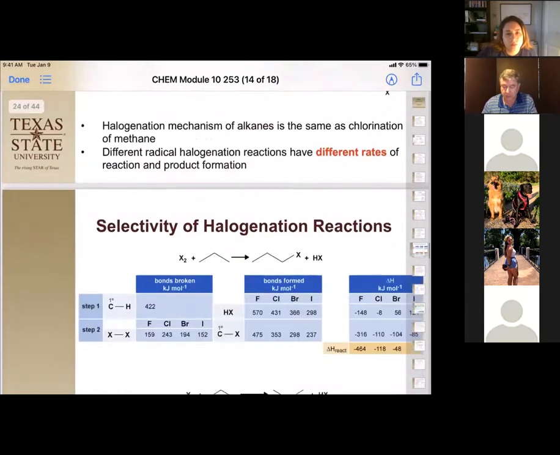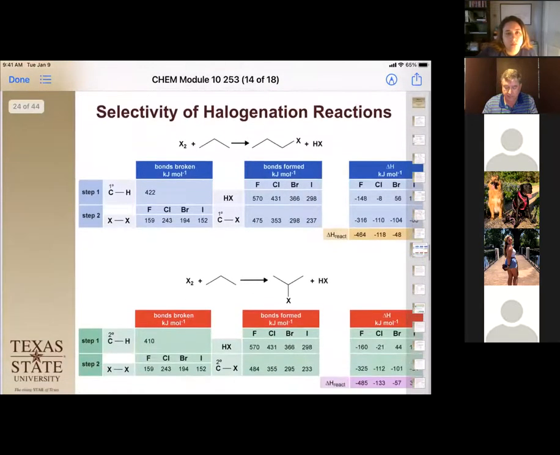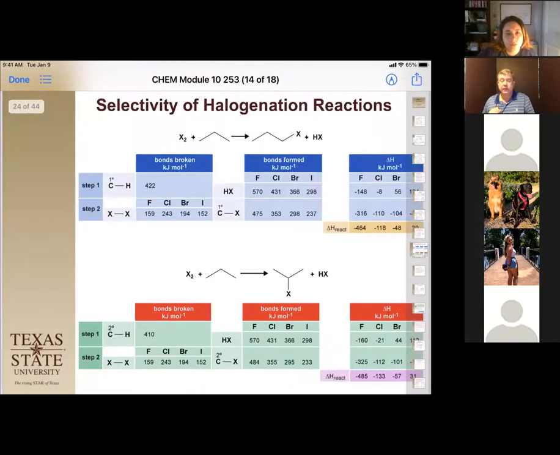Okay, so let's look at the relative energies to start doing this. If we're looking at the bond breaking and bond making steps here, we have to break bonds. We have to break a primary hydrogen, and that takes 422 kcals per mole.